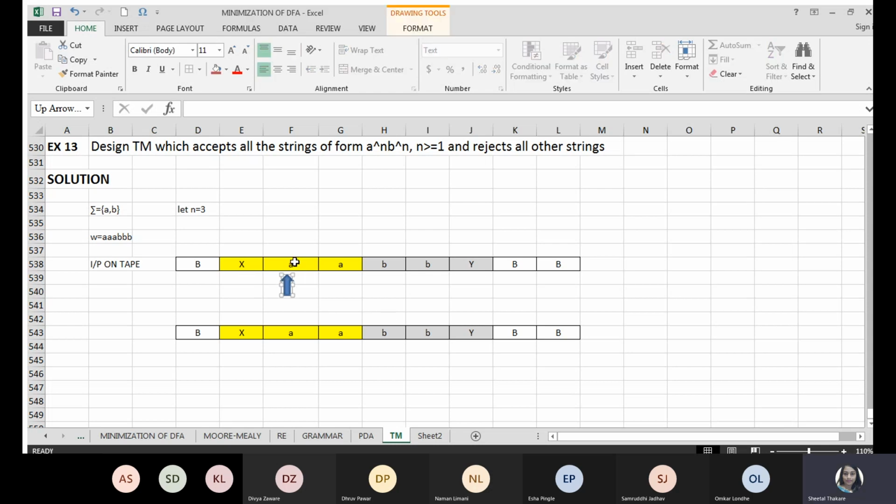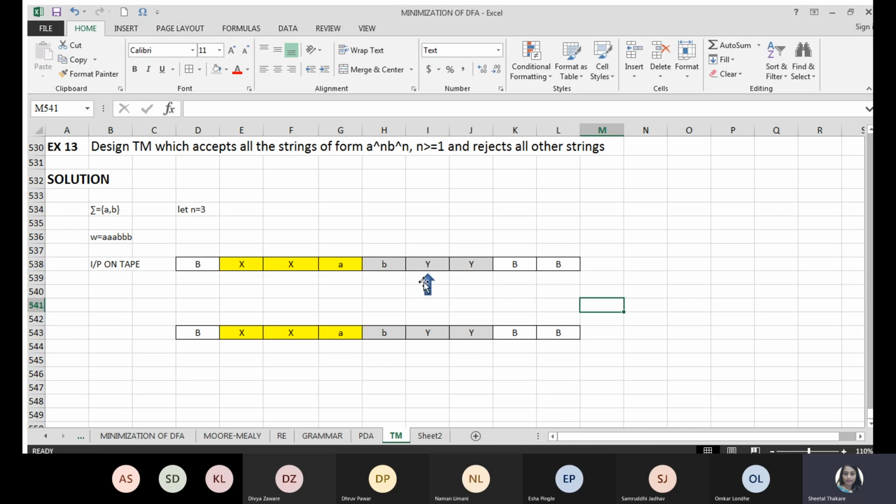Right में जो भी A है, that A you will convert to X. So this becomes X. Keep moving towards right till you encounter Y. As soon as you encounter Y, you will move to its left. Left में if there is B, it's converted to Y.